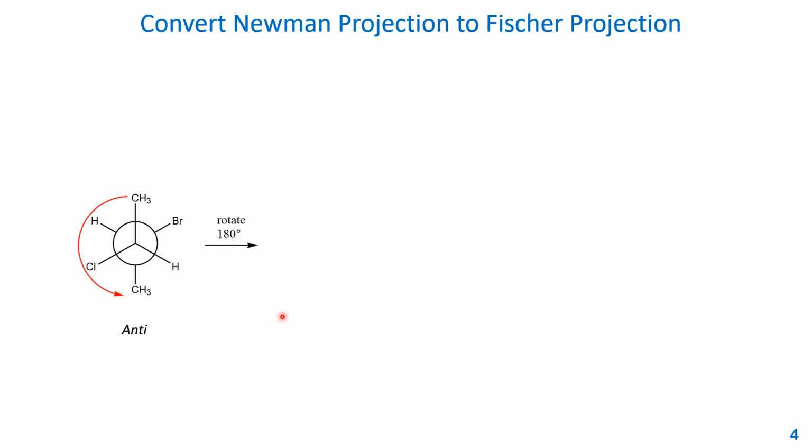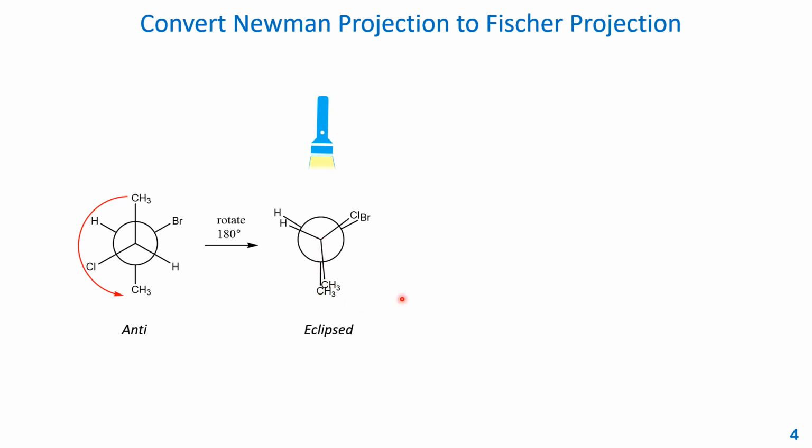Okay, so that 180-degree rotation will make this eclipsed Newman projection. Although this is much less stable because you have a lot of steric hindrance between these two methyl groups. But this is a way to draw the Fischer, okay? Because you want to make sure these two methyl groups are both away from you.